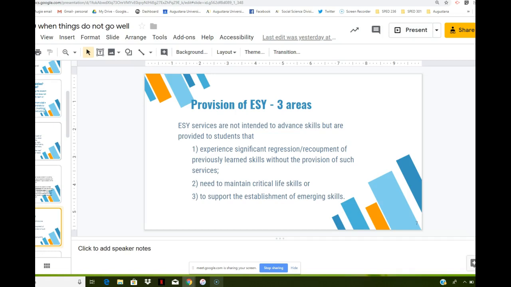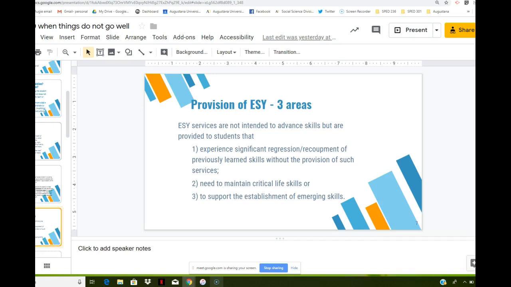All right, let's just talk about ESY real quick as well, because that's the very last piece that ends the IEP in South Dakota. The thing we remember about ESY is that it's for maintenance. It's about keeping skills that we have gained during the school year. We want to be sure that when we go on an extended break, we don't have a significant regression that makes it really difficult to recoup those skills, or we provide some ESY because we want to maintain a critical life skill.